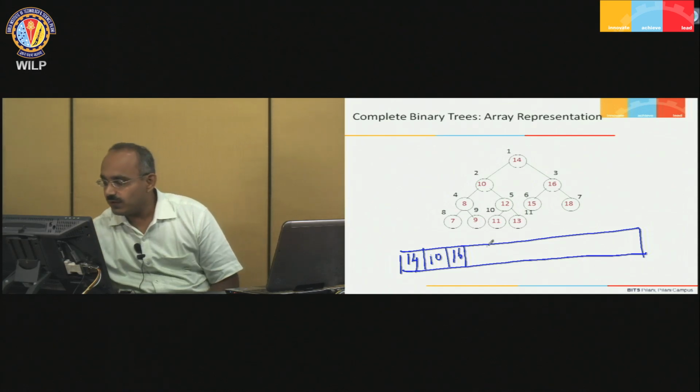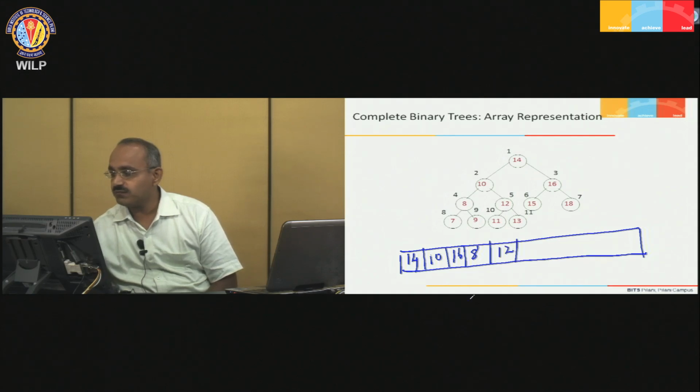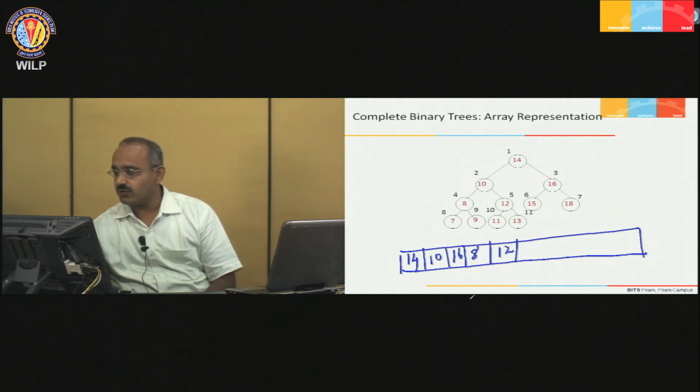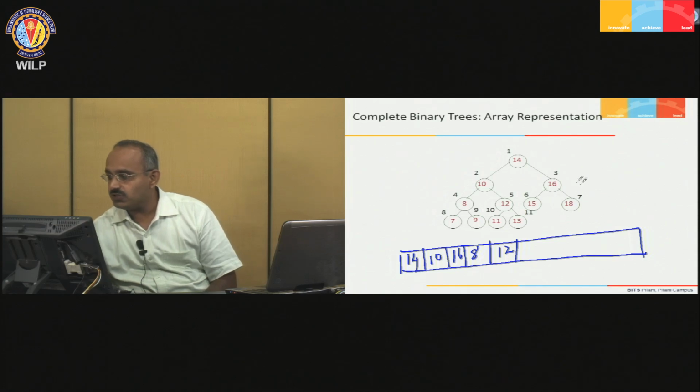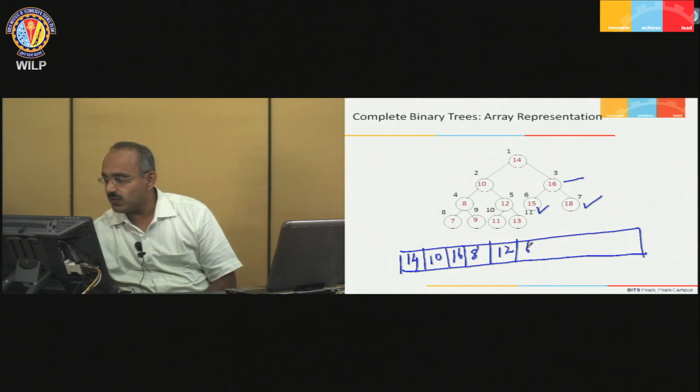Now, if I look at 10, its left child is going to be at location 4. So, this is 1, this is 2, 3, so this is 4, and the right child will be at location 5, and you carry this on. Now, I look at the third location, its left child is here and the right child is here. So, that is 15 and 18, and I can continue this.